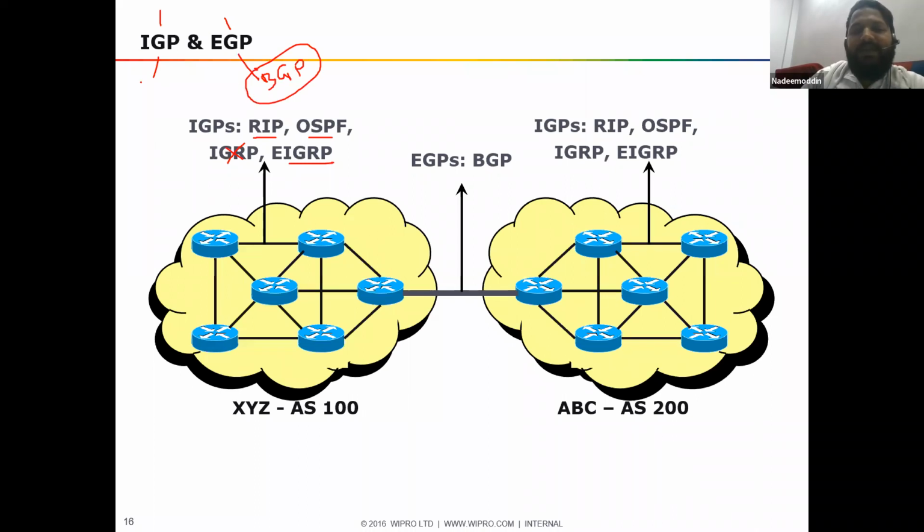IGP is the interior gateway protocol, where RIP, OSPF, and EIGRP are very useful protocols. Okay, so this is called an autonomous system. When you go to Google or somewhere, you are going like this. The internet is a mesh of routing from here to here, here to here, like this.